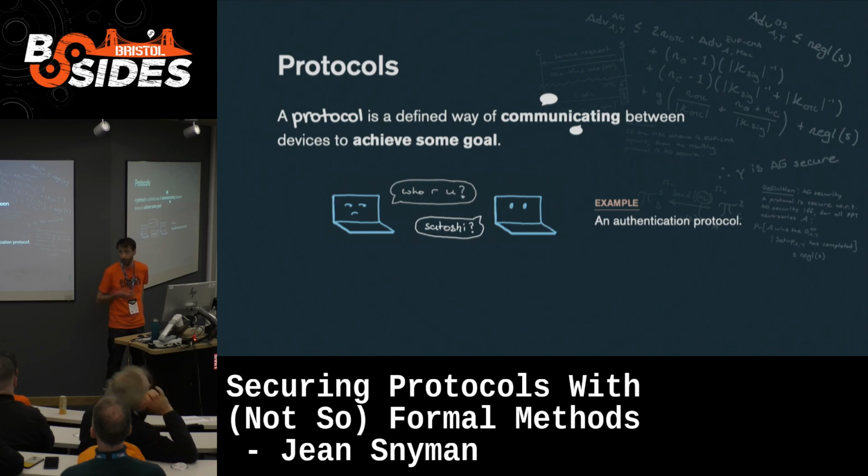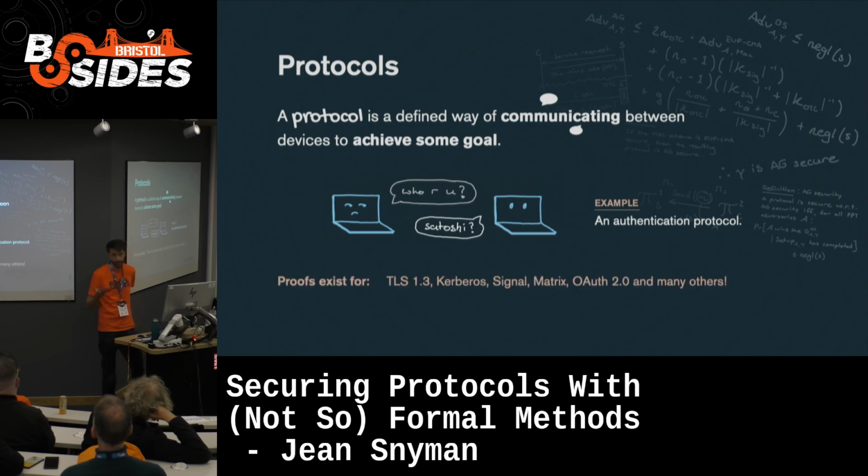But using formal methods, we could take this protocol and prove that it is secure, or maybe that it's not so secure as we might have thought. And we have proofs for many different protocols: TLS, Kerberos, even secure messaging apps like Signal and Matrix. People have analyzed those protocols and found flaws in them. OAuth is another one.